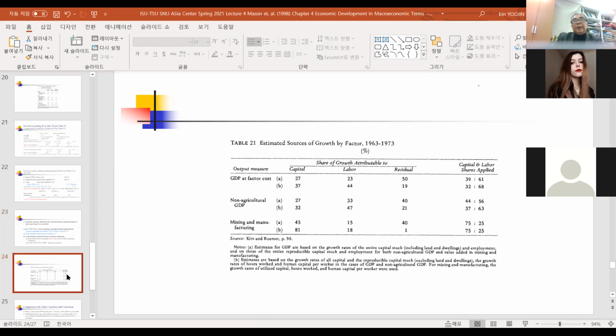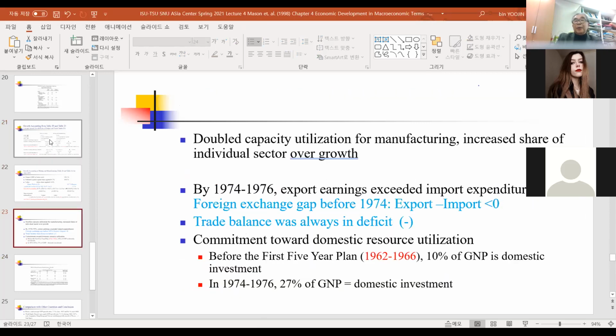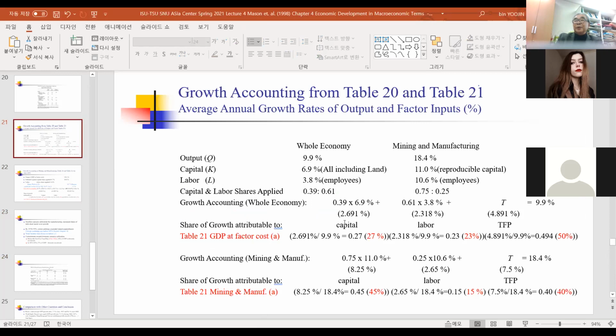Again, this is the information. They should have put this table ahead of this page, so that you can understand how this growth accounting was made. But at any rate, this is my own growth accounting result, not the textbook version.